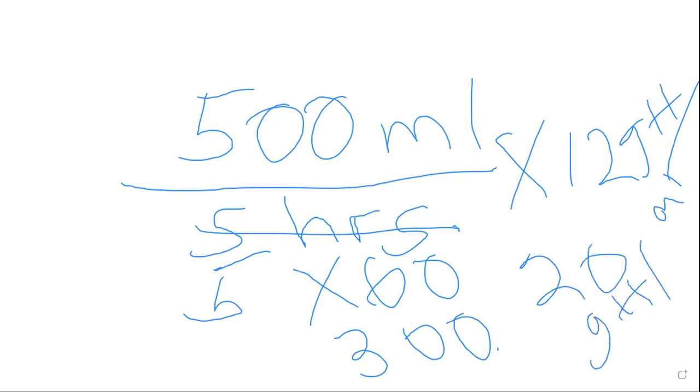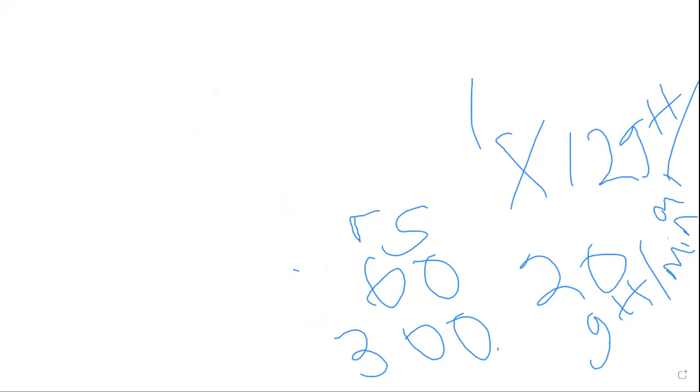We are always going to round these to a whole number. So if it was 20.4 or less, it would go to 20. If it was 20.5 and higher, it would go to 21 drops. We will erase this and go back to our problems.